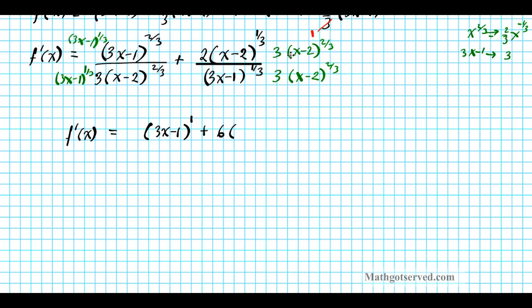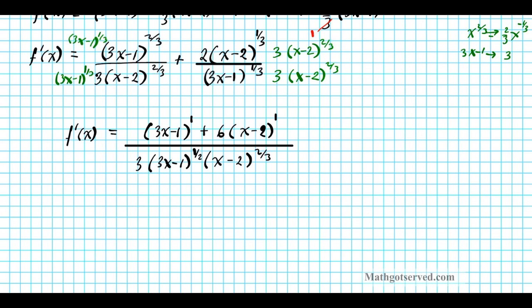Same story here, you're multiplying exponents with the same base, so you add the powers. A third plus 2/3 is just 1. Now we're going to go ahead and divide that by the product of the denominator. If you do that, what are we going to have? 3 times 3x minus 1 to the 1/3 times x minus 2 to the 2/3.